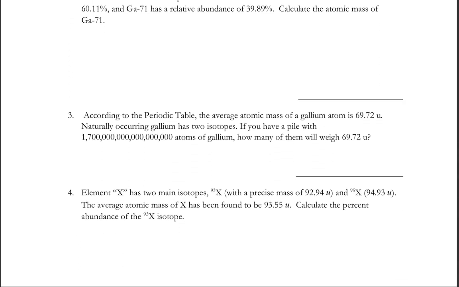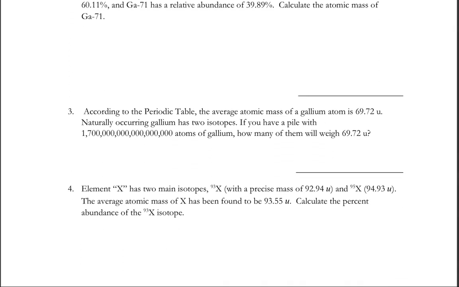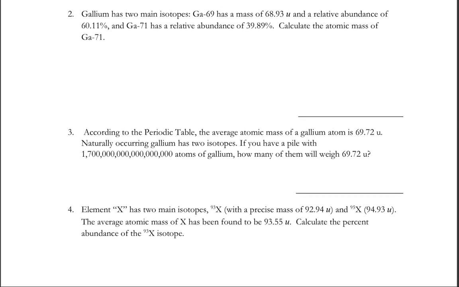Our next problem is we're told the atomic mass of gallium is 69.72 U's. So that would be the value actually that you would have used in problem 2. That's what you would see on the periodic table. We're told it exists as two isotopes. We know that, gallium-71 and gallium-69. And we are given a huge number of gallium atoms, that 1, 7, 0, 0, 0 with all those zeros.